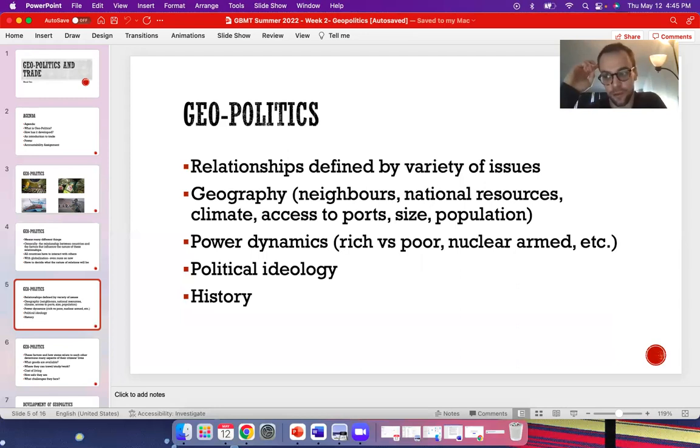A major aspect relevant to this course is geography. Geography will contribute to closer relations between the US and Canada than, for example, Australia and the US. Canada and Australia are both quite similar countries. We both have colonial history and are liberal states. There are various similarities between Australia and Canada.